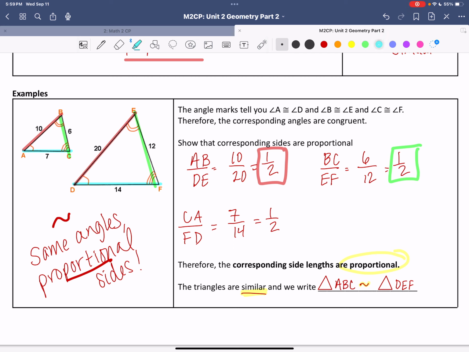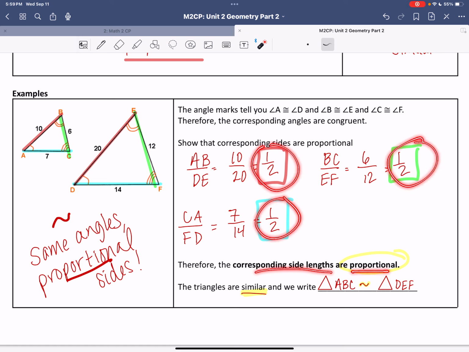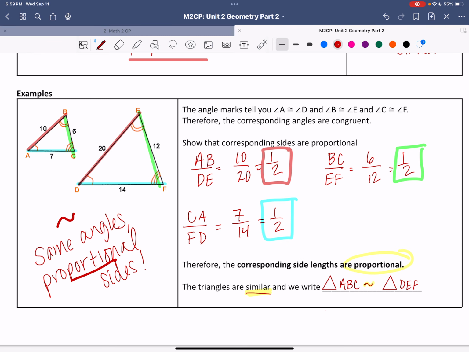So everything has the same ratio, the same scale factor. Therefore the corresponding sides are proportional since they're all 1/2. And now you can write this: the triangles are similar, and again, order matters. So remember, order matters.